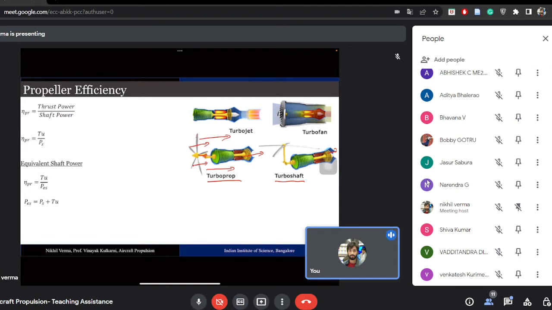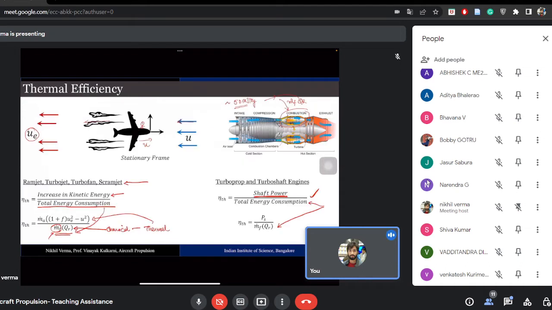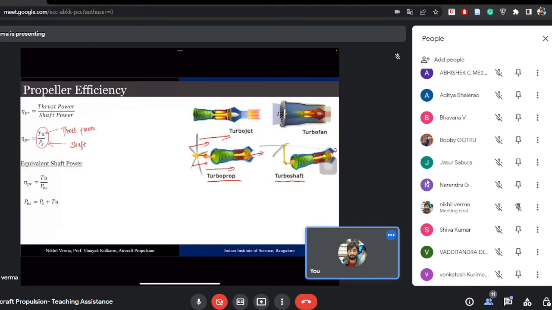So this is known as the propeller efficiency. This is the thrust power, and this is the shaft power. This is similar to propulsion efficiency, which is defined for ramjet, turbojet, and scramjet engines.